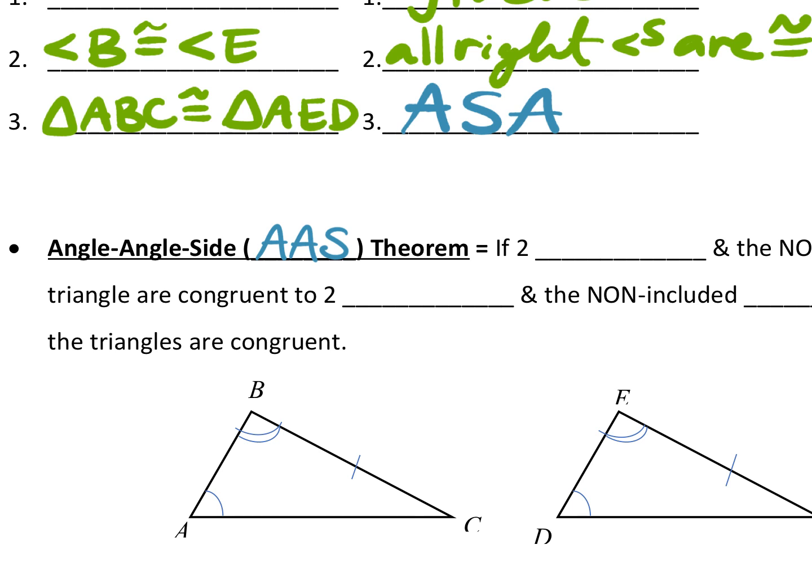Okay, you no longer have the included side, which means there's a little more room for error, because if you think about a triangle with two angles, you could have this side as the non-included side, but you could also have that side as the non-included side. So you could have AAS on one triangle and AAS on a different triangle, and they're different AASs, right? So that's where you got to be careful with this one.